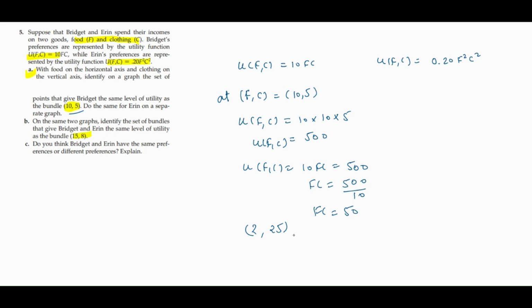That is one combination. Another: if F is 5, C should be 10. And we can interchange the positions, like 10 and 5 or 25 and 2. So these are the four combinations you can think of.